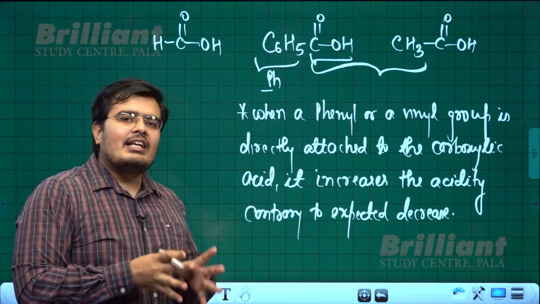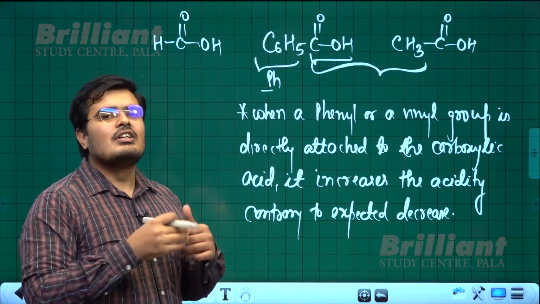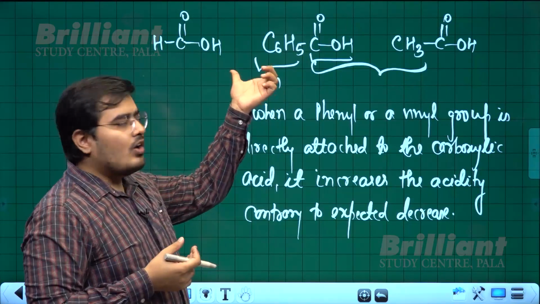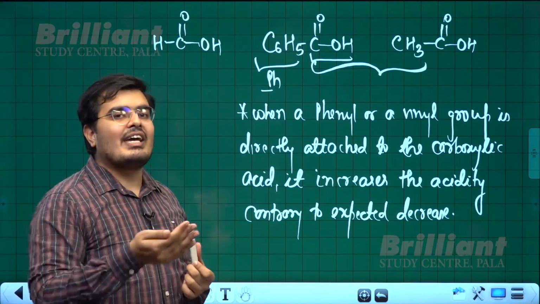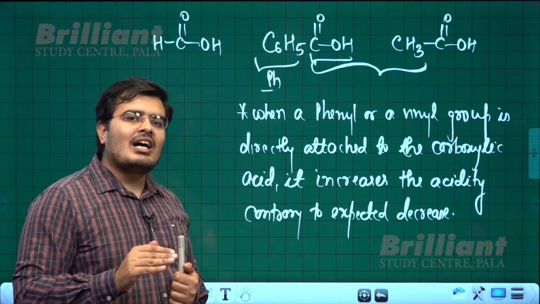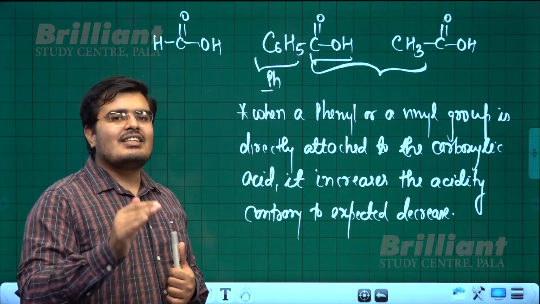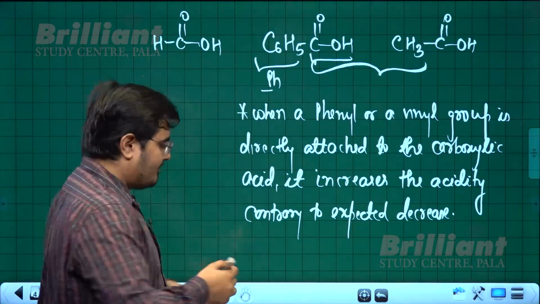But in reality, when they perform the experiment to find out the acidity of phenyl or vinyl substituted carboxylic acid, they found out that it actually enhances the acidity. So first we will try to understand why are we actually saying that acidity should decrease when a phenyl group is attached to the benzoic acid.